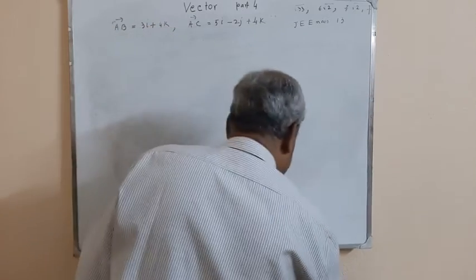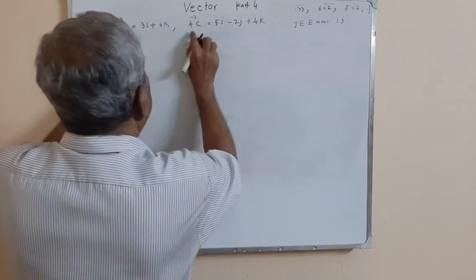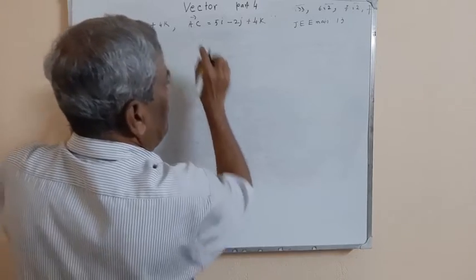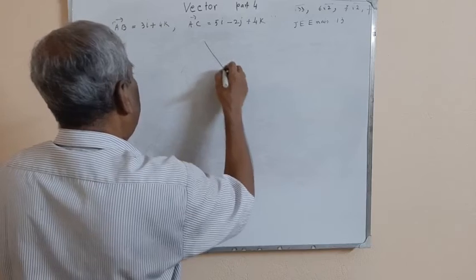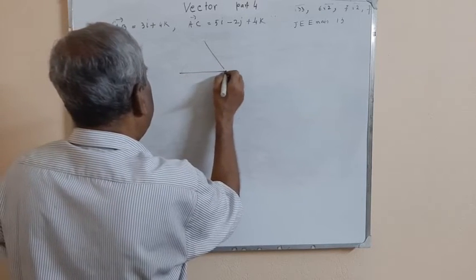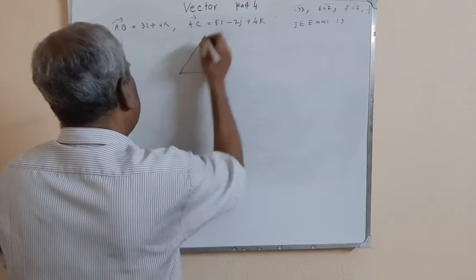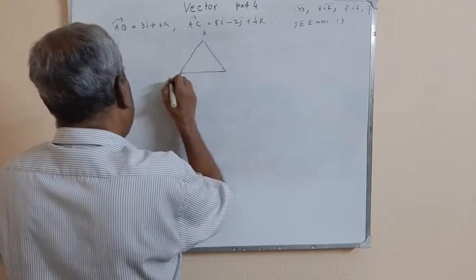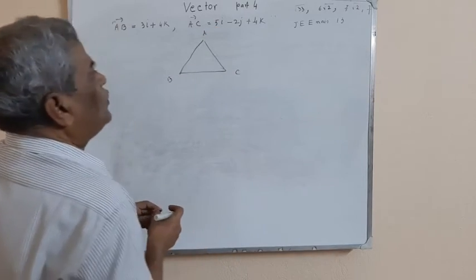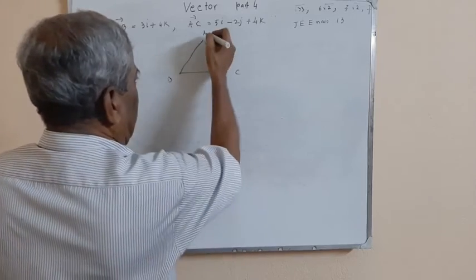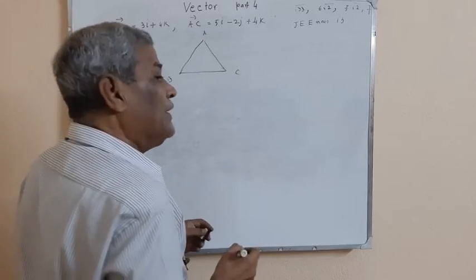Here it is given that these two are sides of a triangle ABC. In that case, let us suppose that A is the origin.